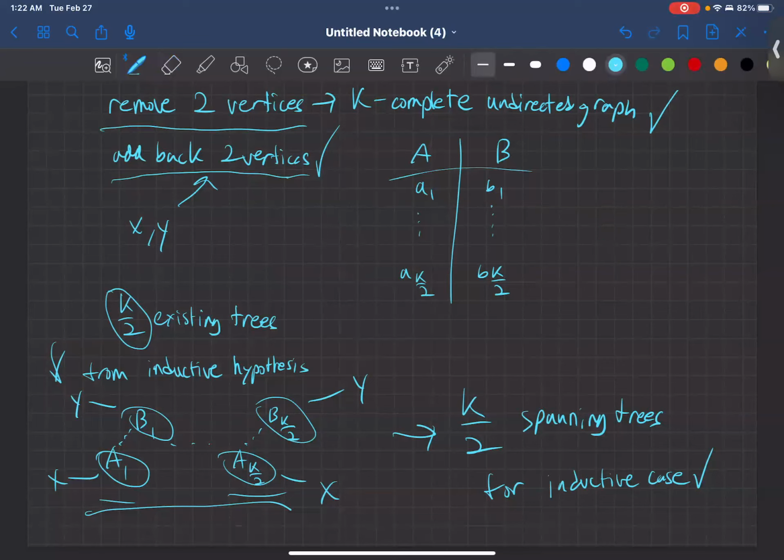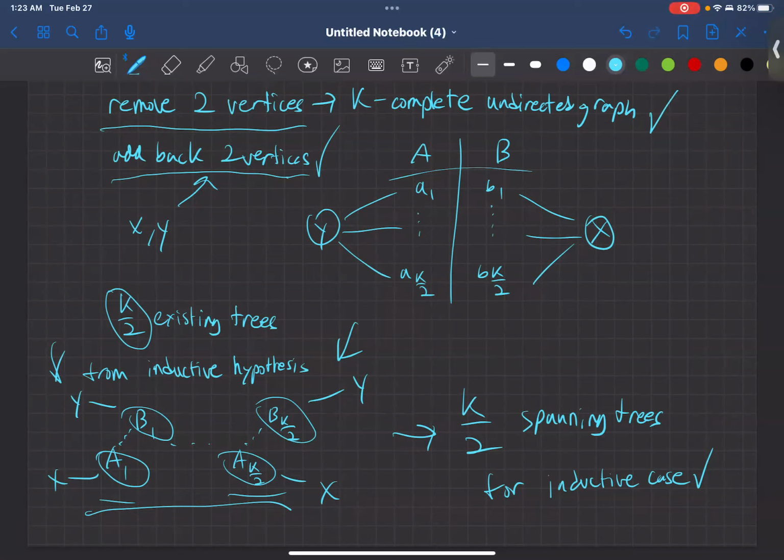This would look something like this, where we have some arbitrary Y vertex, and we connect this to every element of A, and we have some X vertex, which we connect to every element of B. We see that this will not have any shared edges with any of the existing spanning trees, as we have made no connection between Y and A in our existing trees, and for X, vice versa.